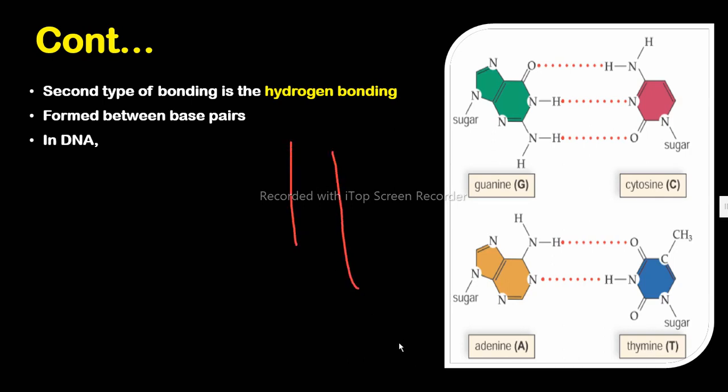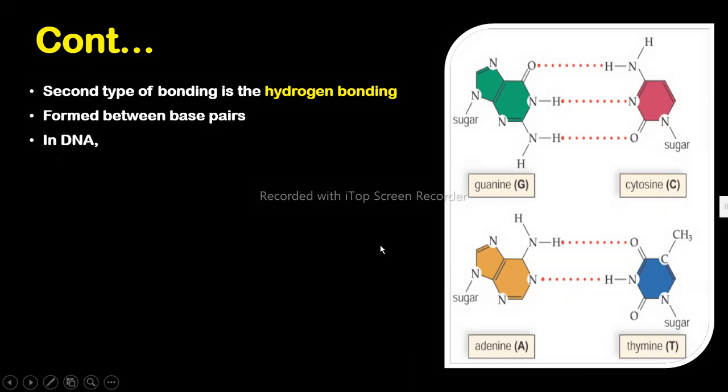Whereby in DNA, base adenine, as you can see, this is adenine, is going to pair up with base thymine, and you form two bonds. A purine is pairing up with a pyrimidine. Adenine pairs up with thymine.